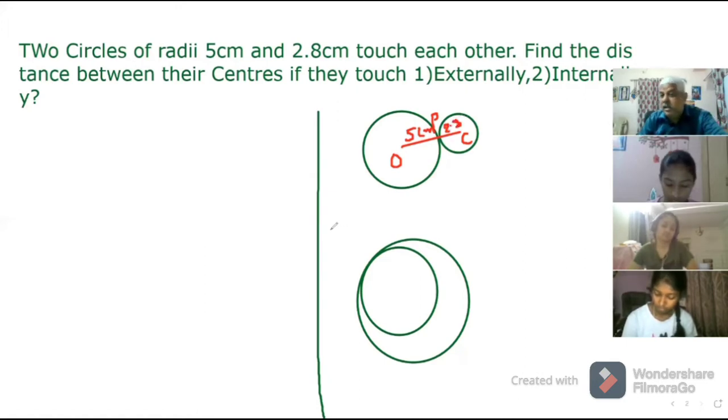This is external touching circles. And what you have to find is the distance between their centers. Distance between their centers, they asked.